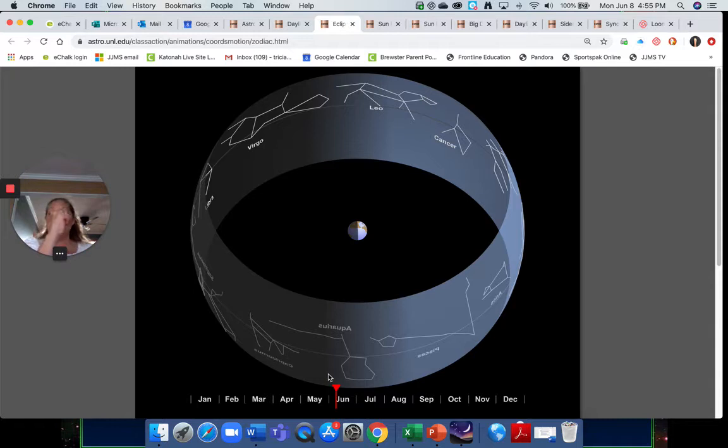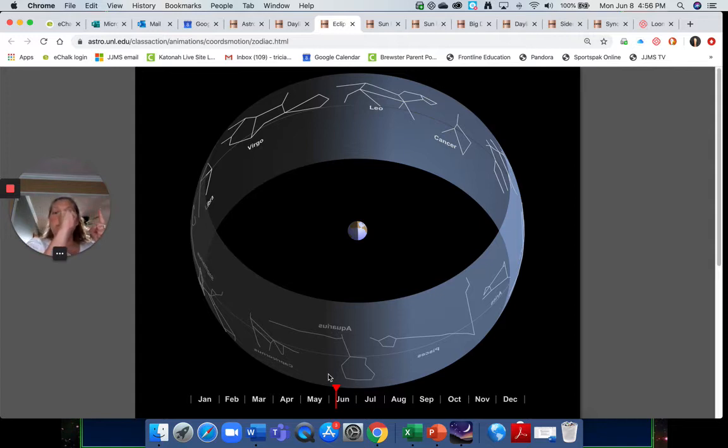If this is the sun and the Earth is over here, are there stars in the sky that way? Yes, there are, but we can't see them because we're on this side of the Earth and the sun's over here. So the sunlight is blocking our view of the stars over there. Where are the constellations that we can see? That way, because that's where it's dark.